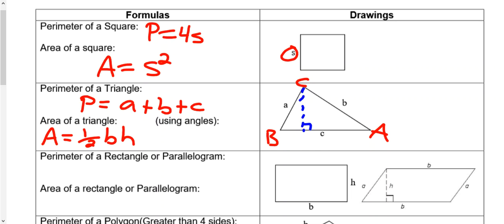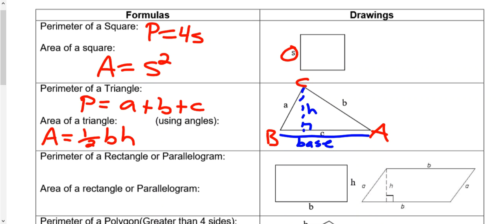That opposite side will become the base. So there you can see whatever this distance is right here becomes the height. The base will become the distance of C, or the length of C.